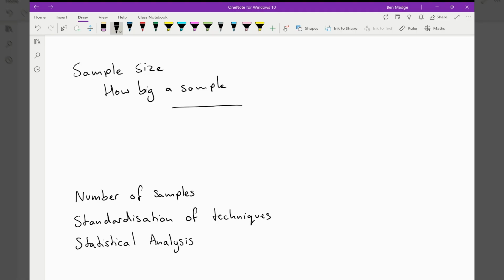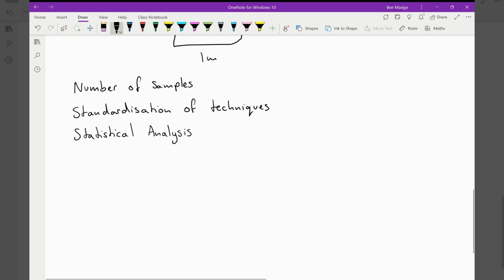Do we use a quadrat that is 1 meter by 1 meter, because what we're looking at takes up quite a lot of space? Can we use a smaller quadrat, maybe 25 centimeters by 25 centimeters, if we're looking at just barnacles on a rock or something like that? How big is the thing that we're going to measure?